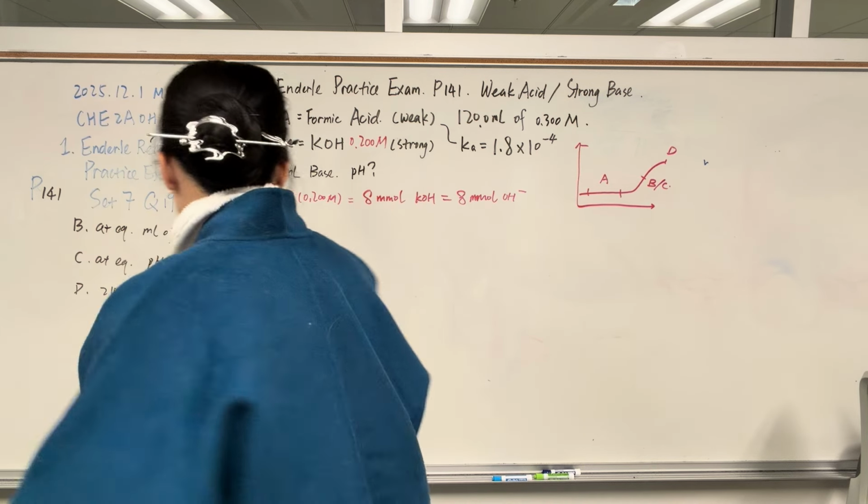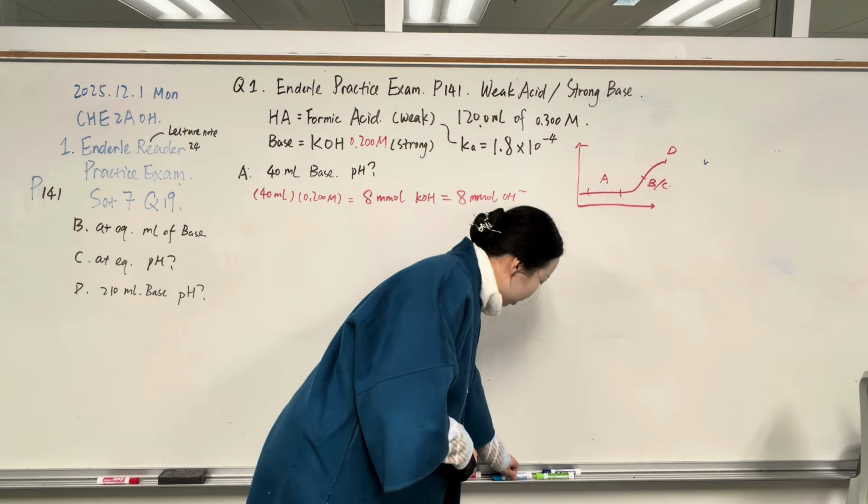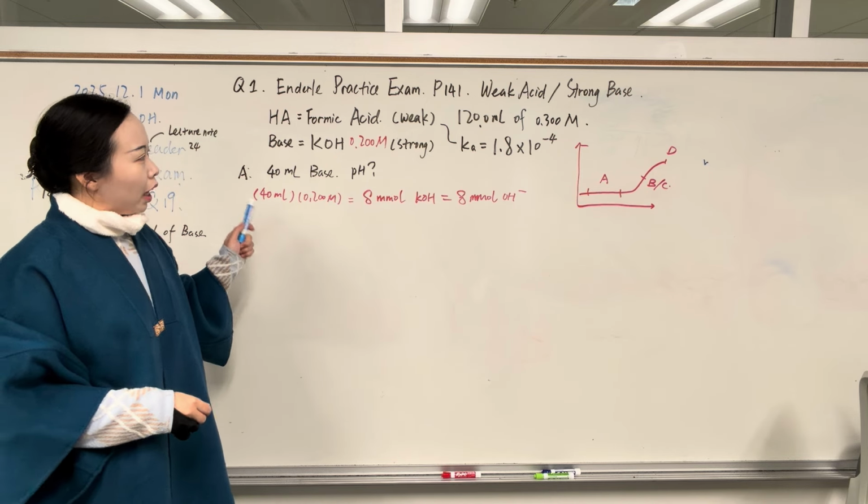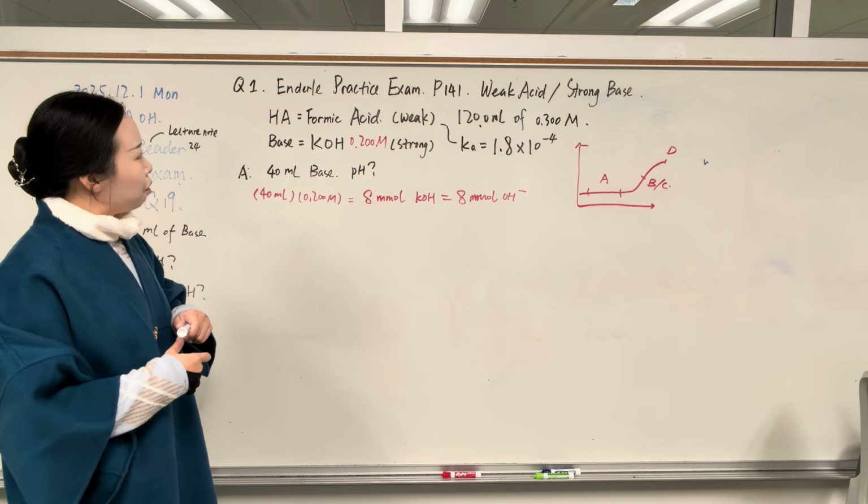I'll change the color for my acid. Did I use the same red for base in my class? I want to be the same. Yes, I think so. I used blue for acid. Okay, formic acid. That's base. I want to write a small mmol because I want to differentiate the millimole from molarity, which will be used in the ICE table later.